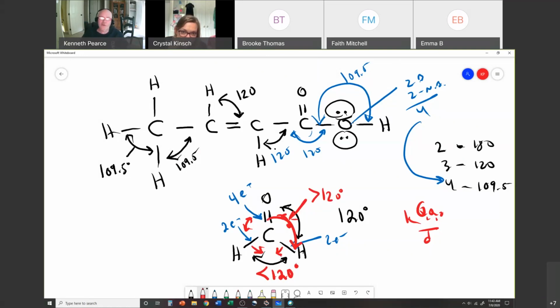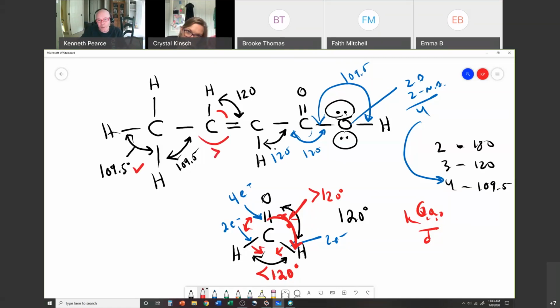So let's go back to this molecule up above. Knowing what we know now, let's fix these angles. The first one, carbon, hydrogen, carbon, hydrogen, carbon, carbon, we're going to leave that at 109. That's good. How about over here on carbon 2? This repulsion here and there will have a tendency to open up this angle right here.